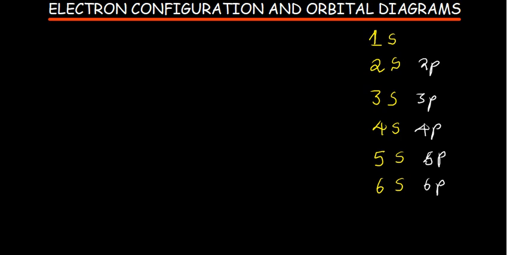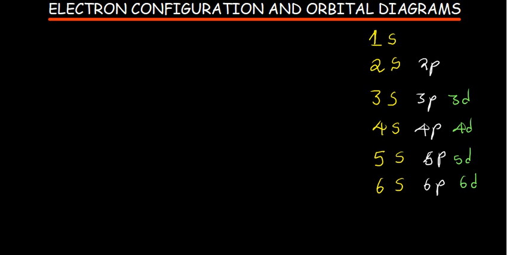And then the next orbital is d. Just know that the second energy level doesn't have the d orbital, so the d only starts from the 3. So you are going to have 3d, 4d, 5d, 6d. The next orbital is the f.